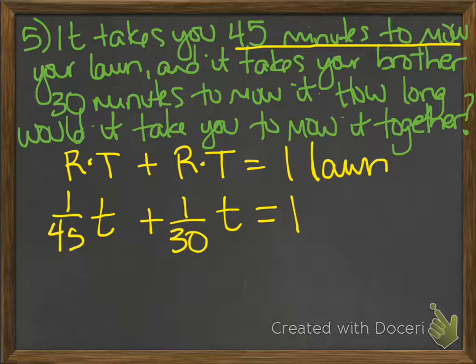What I would do is multiply through by the least common denominator, because I personally don't like dealing with fractions. And the smallest number that 45 and 30 both go into is 90.